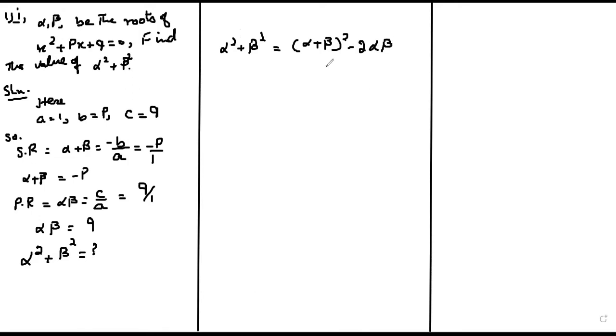Right? So which is equals to minus p the square minus 2 times alpha beta. Alpha beta is q. This will be p square minus 2q, which is our required answer. Right? I hope you understand it well.